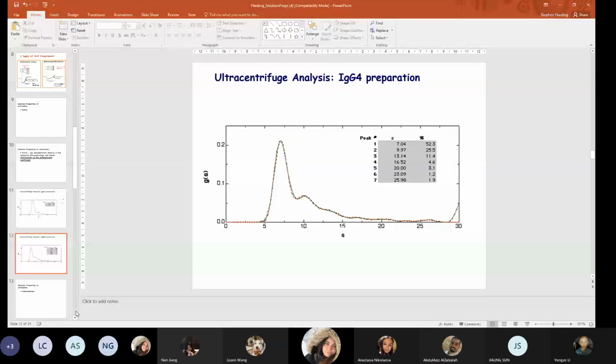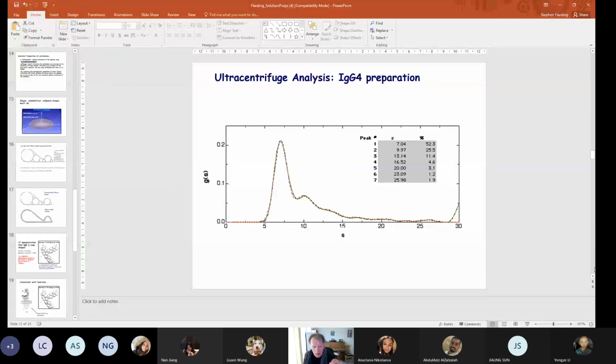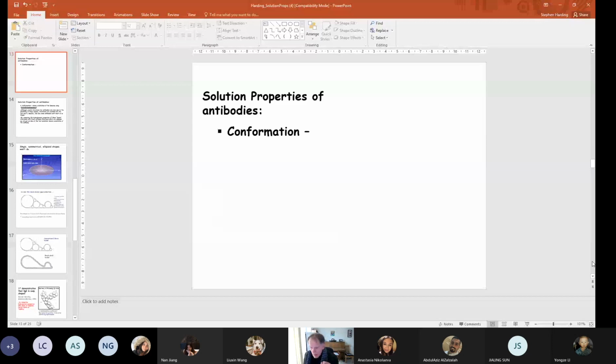Okay, let's go back to the second part. We just dealt with purity and how we assess for the presence of aggregates using the ultracentrifuge.